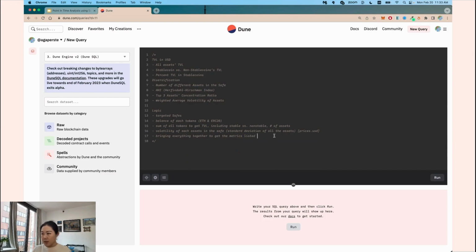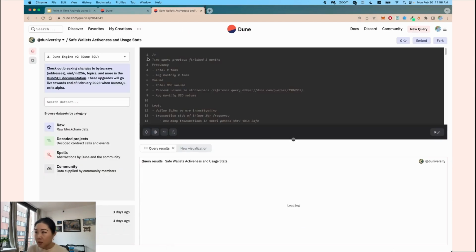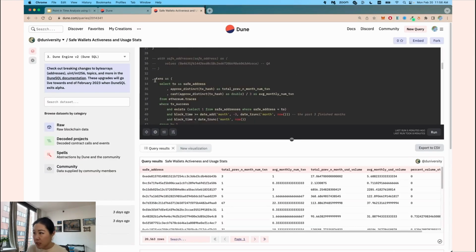Okay, let's get started. Because when we're looking at the total value locked, we care about the token flow, there's a lot we can borrow from the previous query we've written, so I'm going to do that. Go into my creations, go to the activeness and usage stats that we wrote previously.